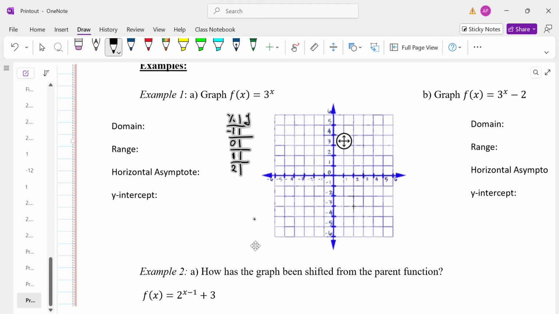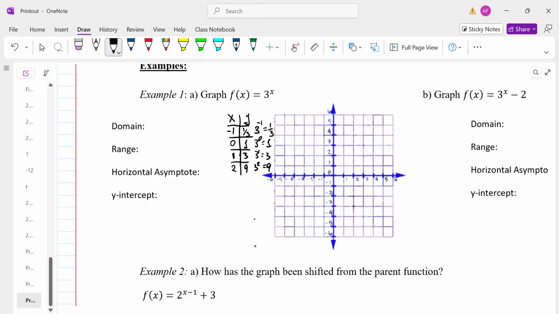So we'll have 3 to the power -1, which is 1 over 3. Then 3 to the power 0, which is just 1. 3 to the power 1, which is 3. And 3 to the power 2, which is 9. Okay, so this is our table of values. And let's plot these points.